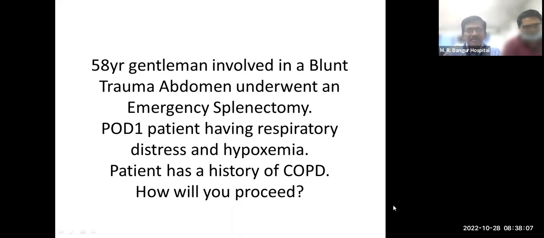So administer oxygen and then examine the patient to exclude other causes like pneumothorax, like a pleural effusion. The patient may develop sympathetic pleural effusion following a splenectomy because you are working under the diaphragm. And there might be other post-op complications, like it is known that a patient may have diaphragmatic injury following splenectomy.